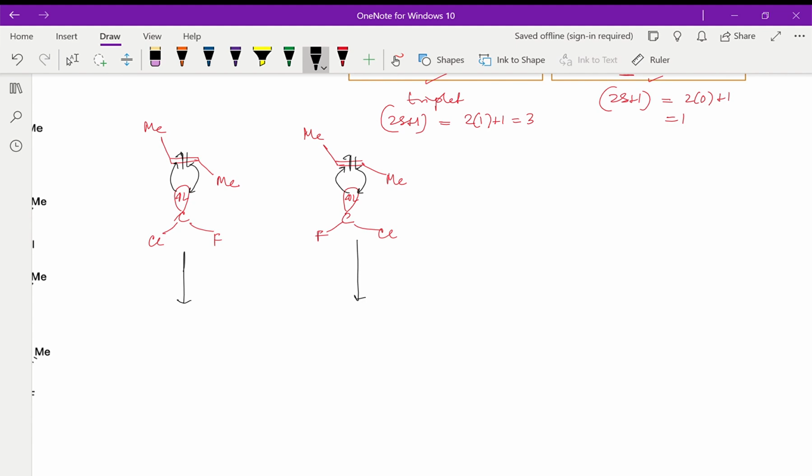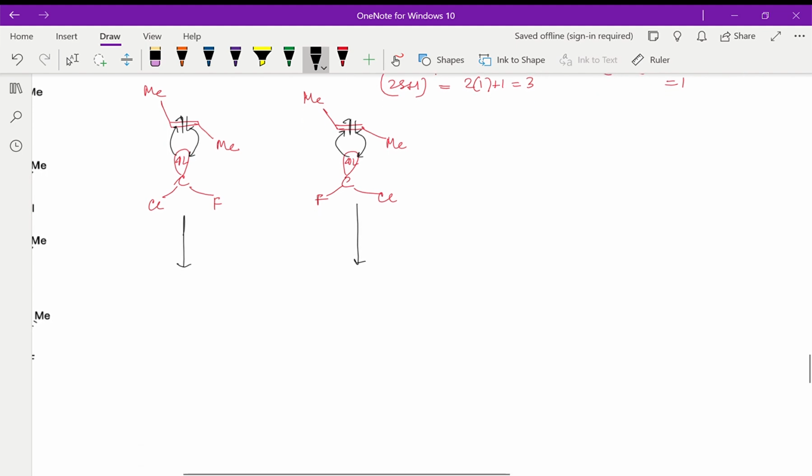If one of the methyls is over here, the left hand one on the top, then the right hand one is going to be downwards, and keeping that in mind, the Cl is going to be up and the F downwards.